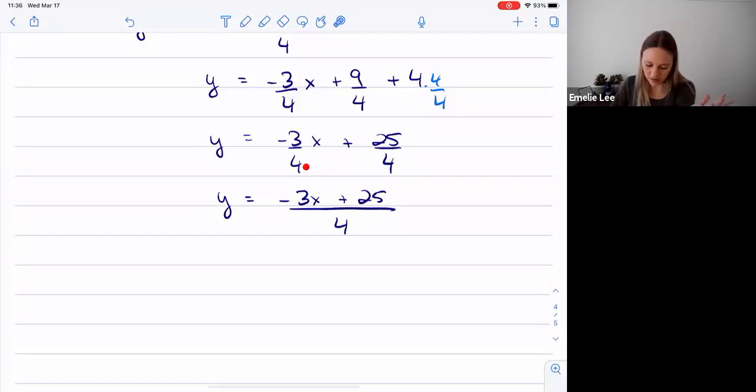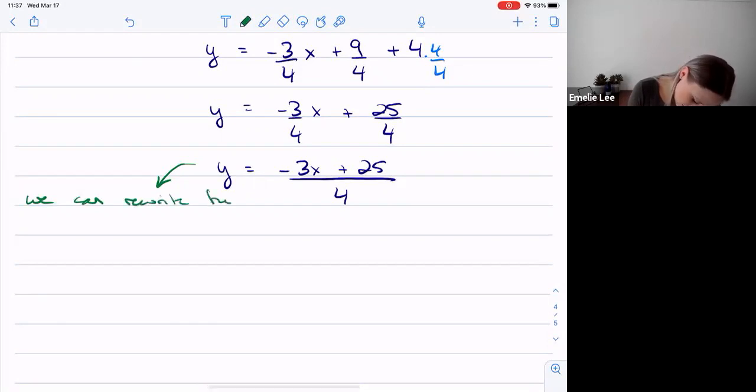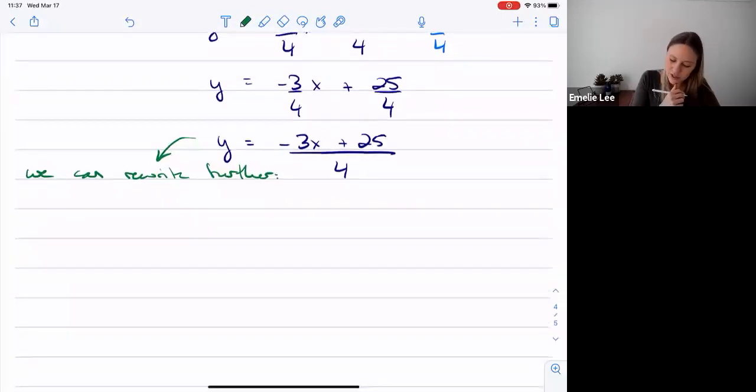But then we saw that we had this common denominator of 4, so why not smush it together? We can take it even further. We can rewrite further by multiplying by 4 if we want to.